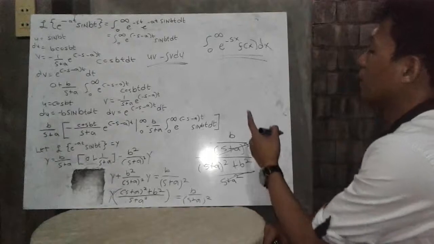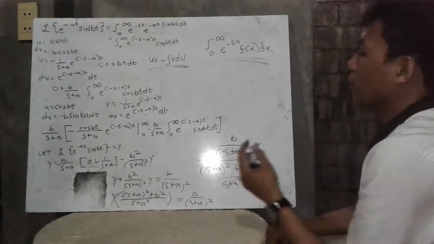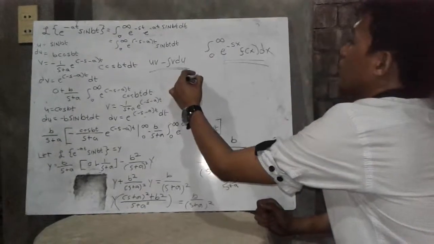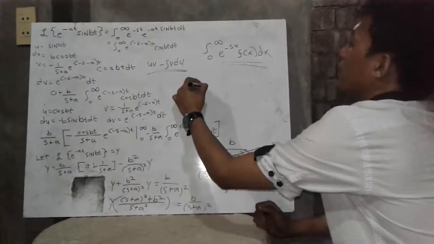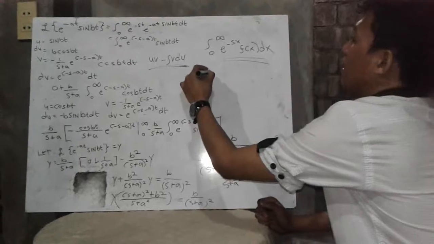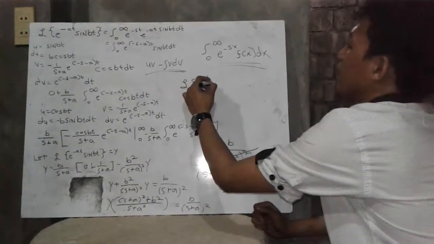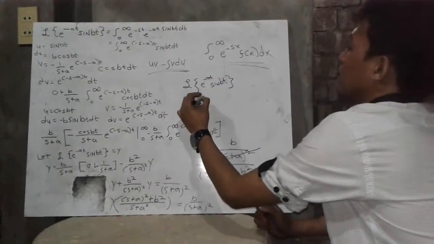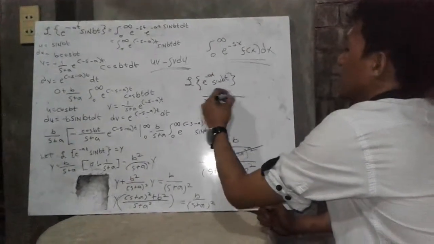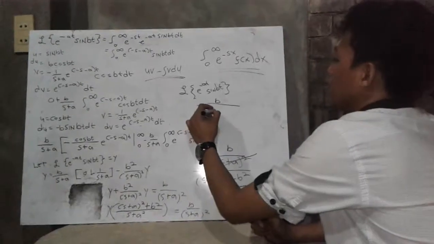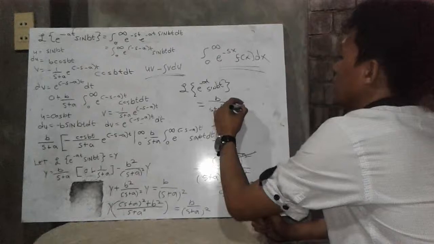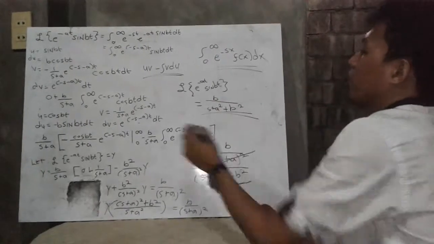Then we completely find that the Laplace transformation of e raised to negative at sine bt is equal to b over s plus a squared plus b squared. This is how we get this problem.